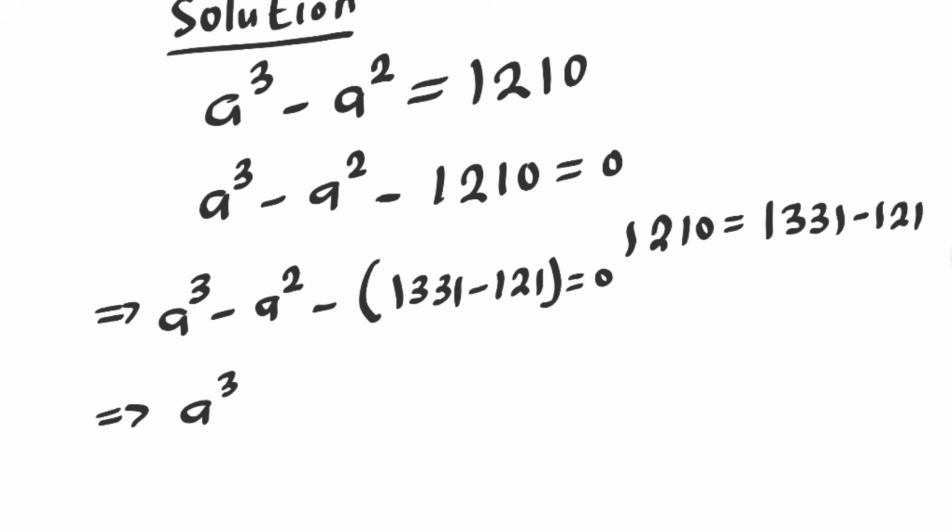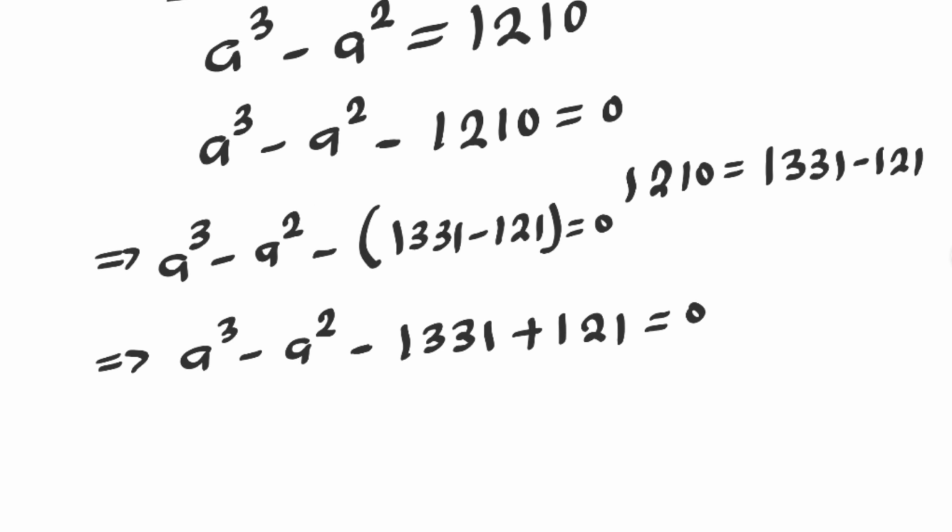A raised to power 3 minus a square. Let us open the bracket with this negative. We have minus 1331 plus 121 is equal to 0.